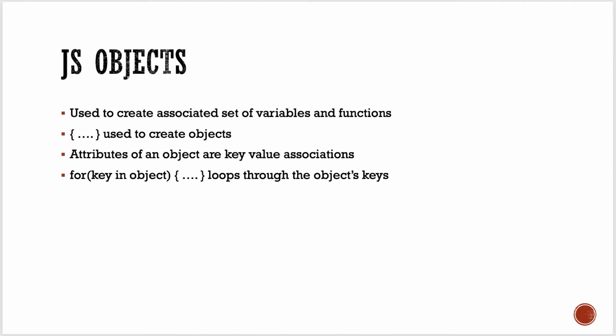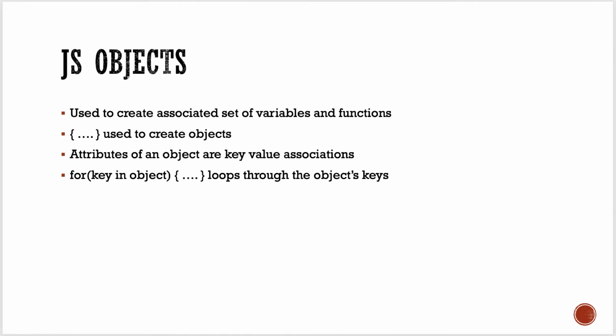JavaScript objects differ from the typical Java class object structure in the sense that one doesn't necessarily have to have a JavaScript class to have an associated object. And so objects can be declared almost on the fly. And so you use JavaScript objects to associate a set of variables or functions together.